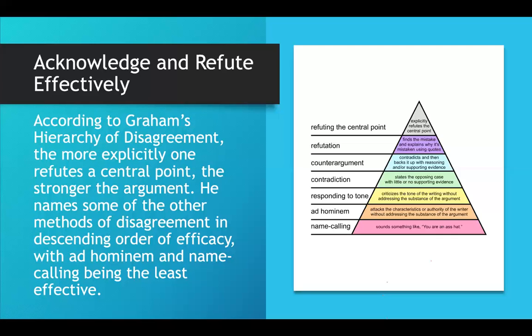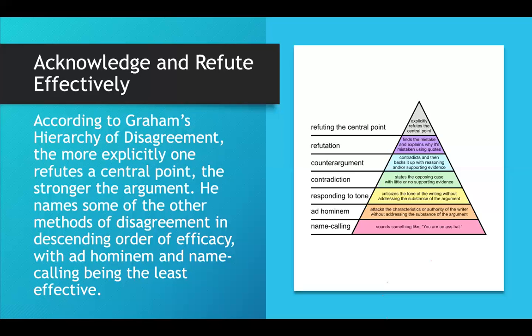So above that, we have ad hominem, which is basically when you attack the character of the writer or the person who's presenting the opposing side rather than their point. So, presenting a quote from the opposing side of your argument and then saying, well, that's just something that a typical Democrat would say, or that's just something that a typical Republican would say, or of course a senator would say something like that, or of course a man, or of course a woman would say something like that.